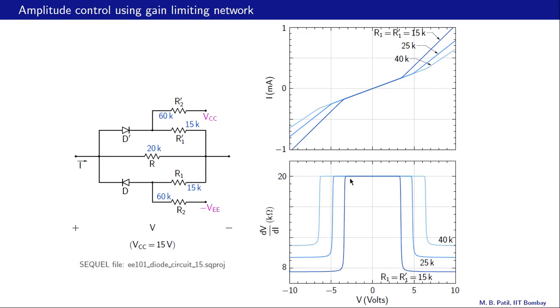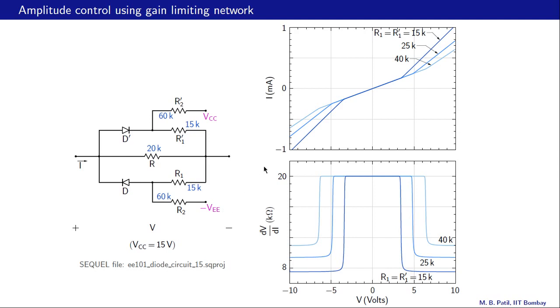How can we change the width of this region? There are different ways of doing it. We can change R1 and R1 prime together, or we can change R2 and R2 prime together, or we can change this power supply. Of course, the last option is not very practical because we don't want to change the power supply values.